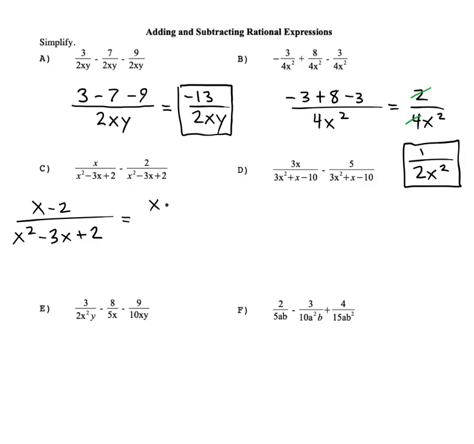Let's see. x squared minus 3x plus 2 can break into x minus 2 times x minus 1. And so yeah, it did turn out that we could actually go further and cancel the x minus 2 factor. We'll have 1 over x minus 1.